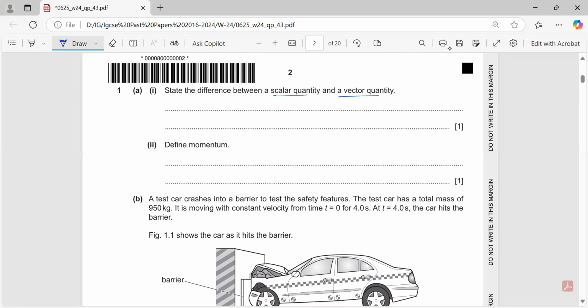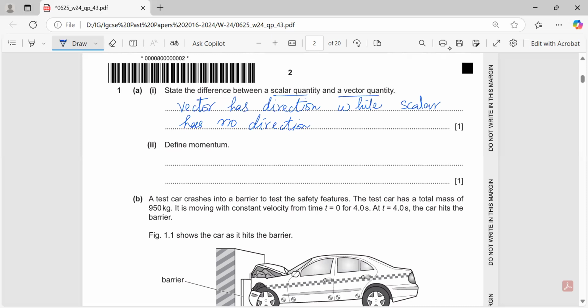They want a difference, so I can say vector has direction while scalar has no direction.